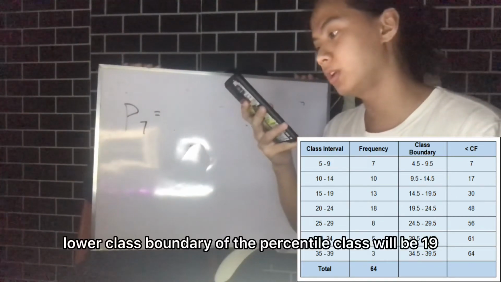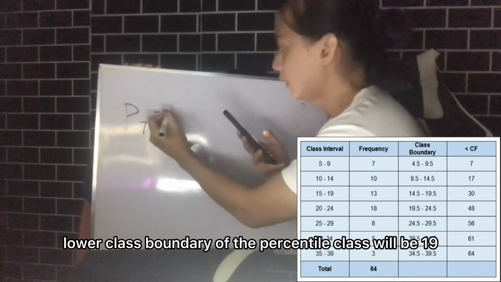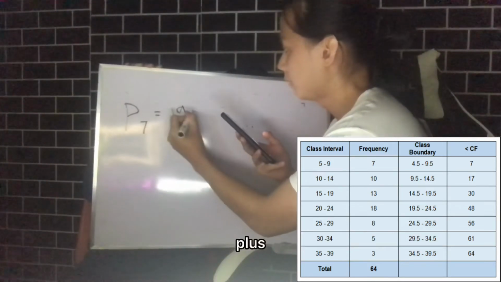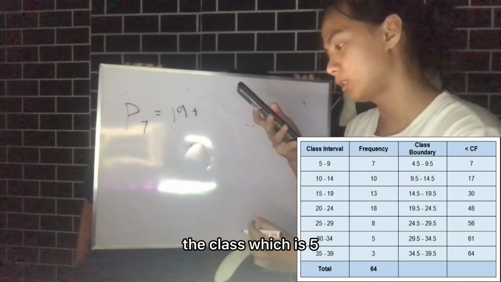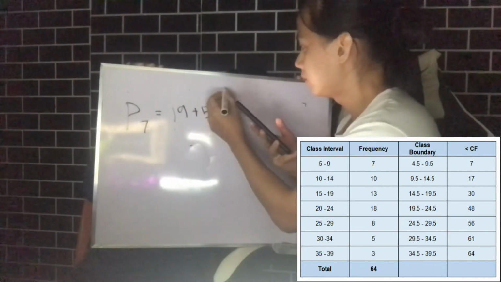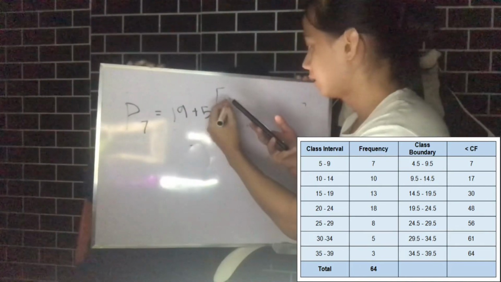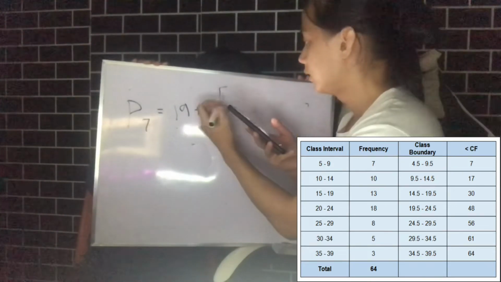Lower class boundary of the percentile class will be 19 plus the class size, which is 5, and the percentile will be 7.